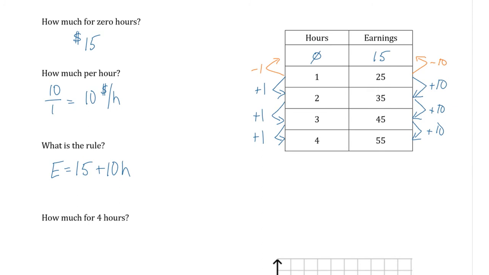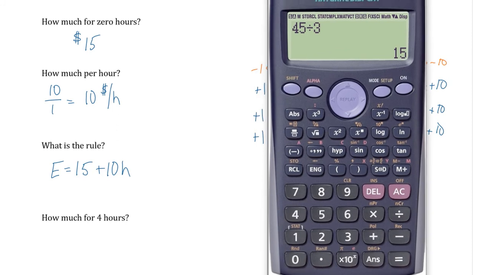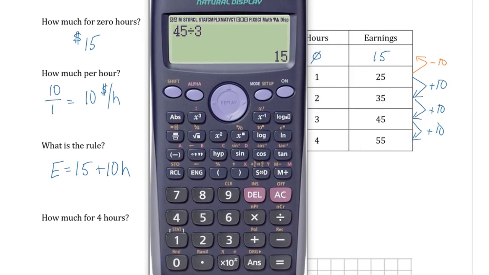Okay? And again, I just want to show you, oops, I'm not going to hide the table. 15 plus 10 times 3, so I'm doing 3 hours here, is 45. 15 plus 10 times 2, I'm doing 2 hours here, is 35.